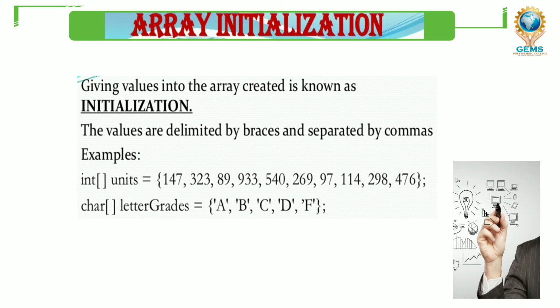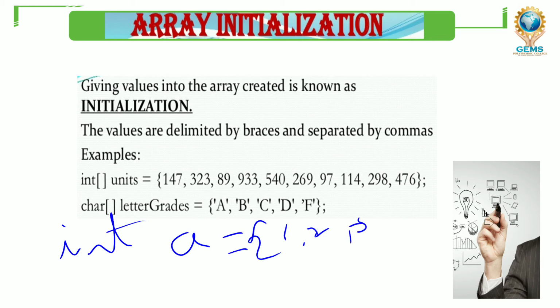Take int a, where int is the data type and a is the name of the array, equals, curly braces open, 1, 2, 3, 4, closing bracket, semicolon.